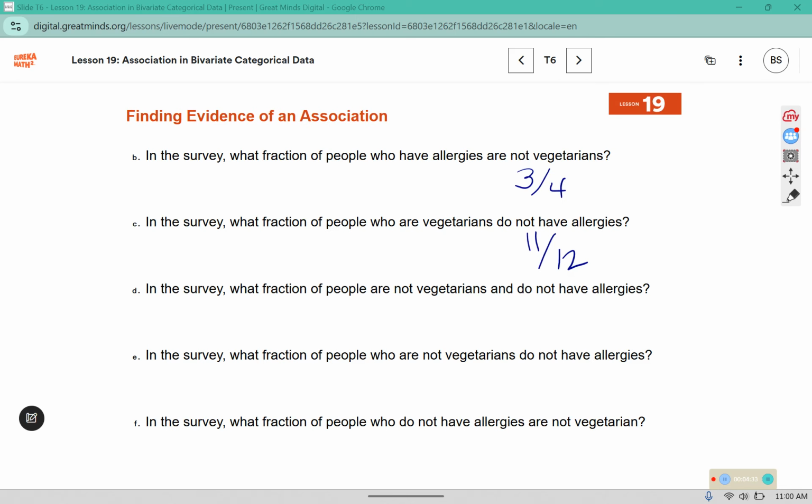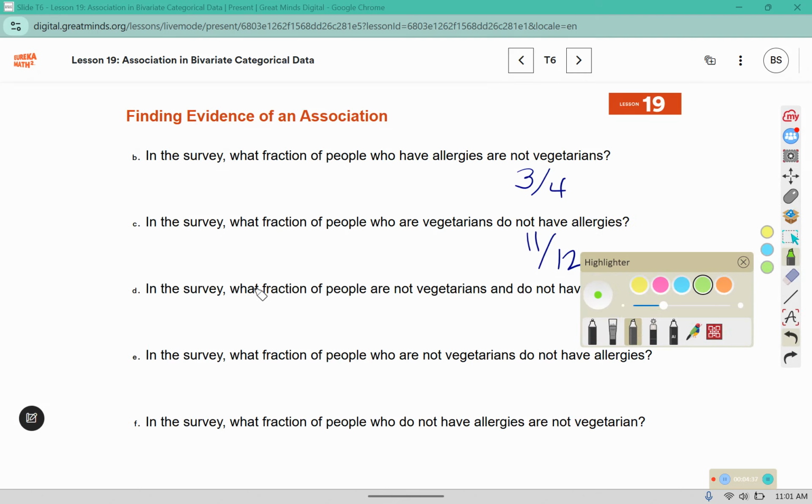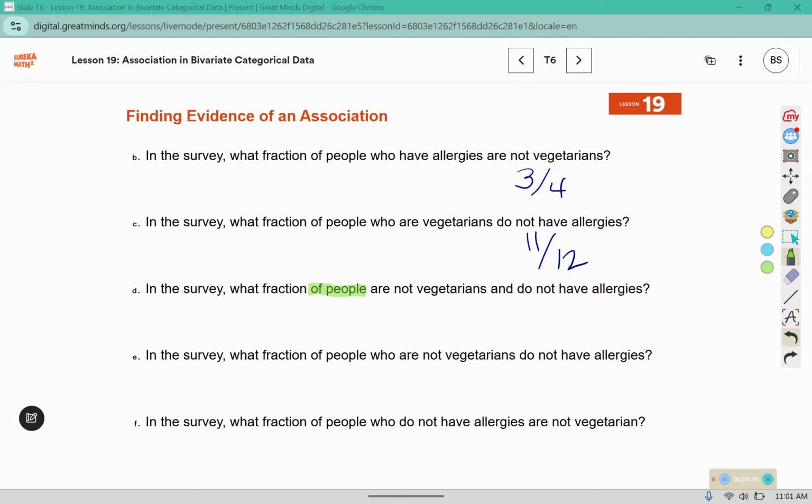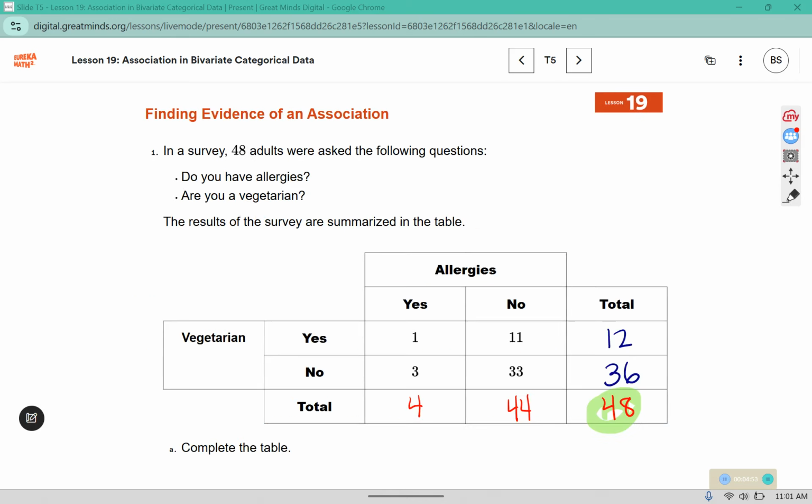In the survey, what fraction of people, so that one's just looking at people, and then the box we're going to look for is non-vegetarians and non-allergies. So the total people was 48, and the no vegetarian, no allergies is 33.